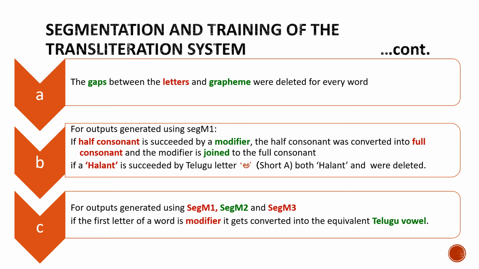B. For output generated with the first segmentation method, some script-specific post-processing was done. C. For outputs generated with all the segmentation methods using both the experimental settings separately, if the first letter of a word is a modifier, it gets converted into the equivalent vowel.